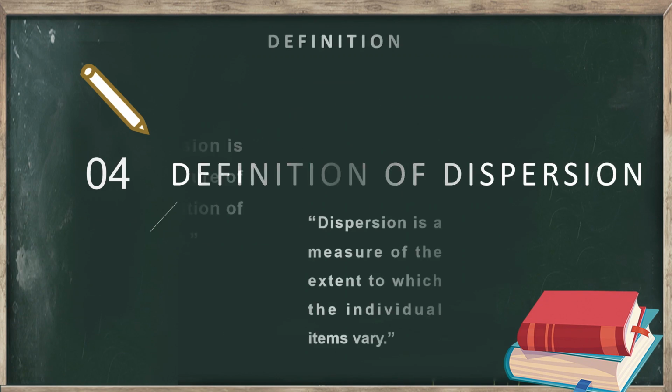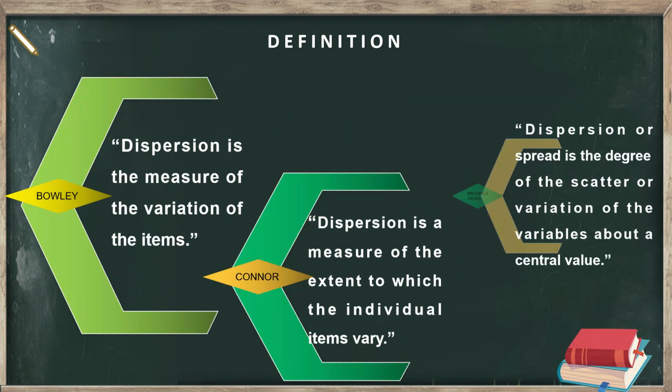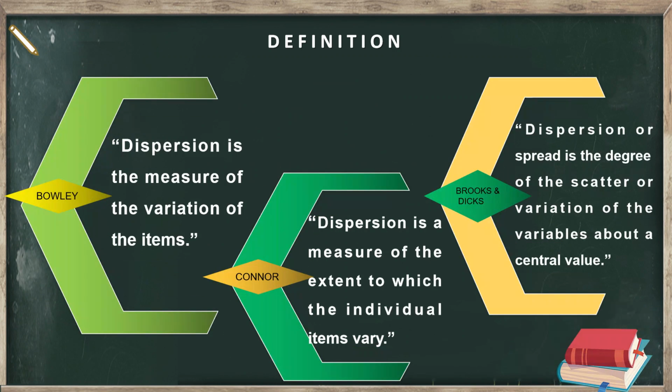Next we have the definition. There are so many definitions given for dispersion. Here are a few among them. According to Bowley, dispersion is the measure of variation of the items. And according to Corner, dispersion is a measure of the extent to which the individual items vary.